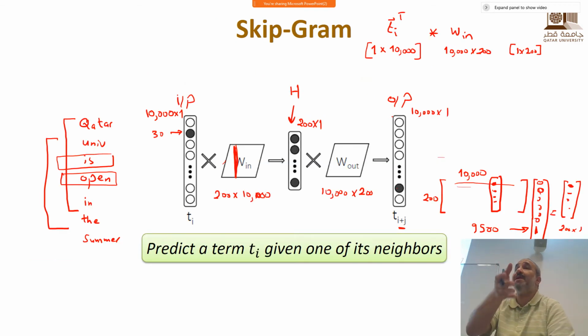Can you tell me how many parameters we have in this model? How many parameters that we learn? The weights, exactly. Times 2, exactly. Of course, this is a very small example.